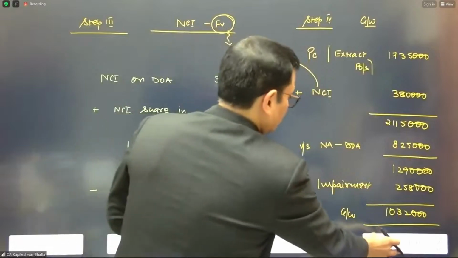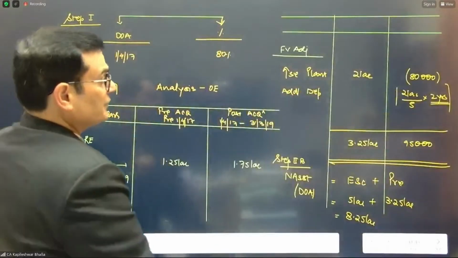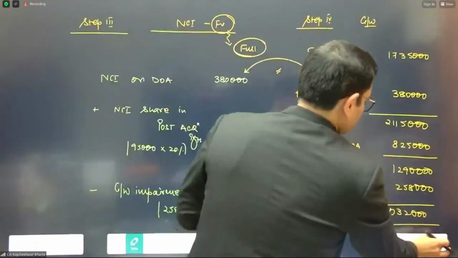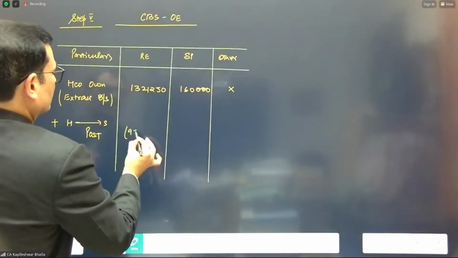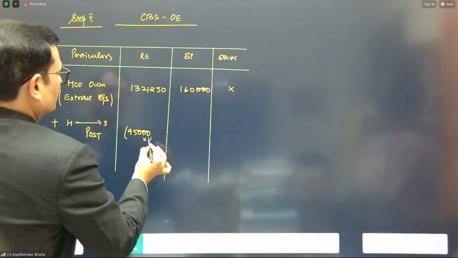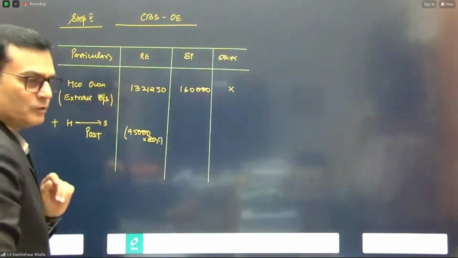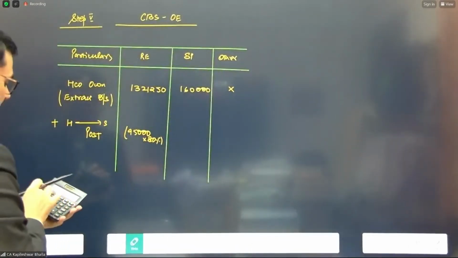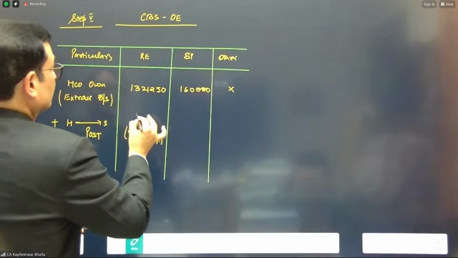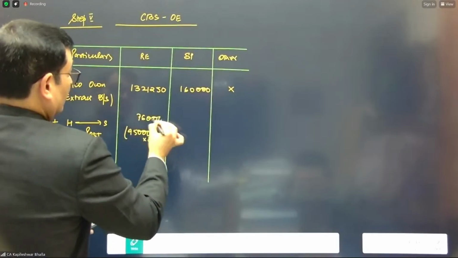In step number 2A, in the analysis, the post-acquisition is 95,000. Out of this 95,000, 80% belongs to the parent company, and 20% we've taken in NCI. So 95,000 into 80% is 76,000.